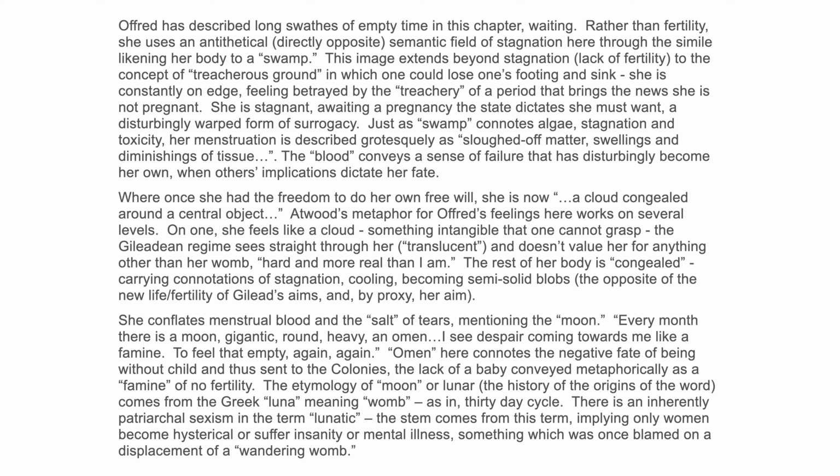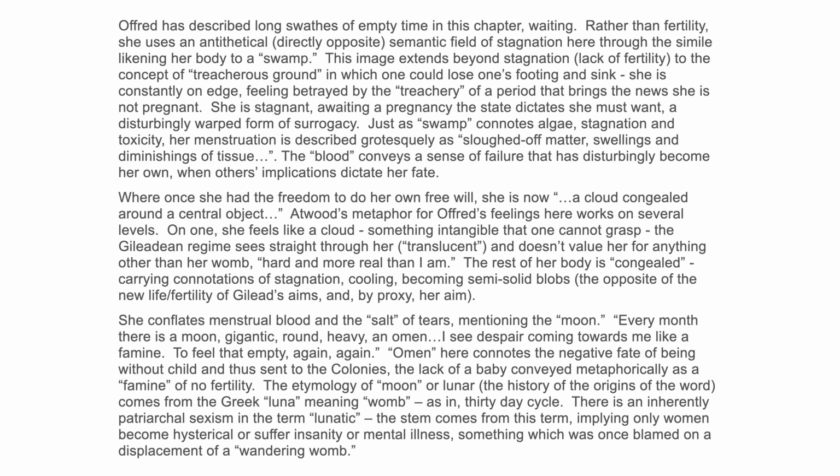Offred has described long swathes of empty time in this chapter, simply, merely waiting. Rather than fertility, she uses an antithetical, directly opposite semantic field of stagnation here through the simile of likening her body to a swamp, or at least her womb to a swamp. This image extends beyond stagnation, connoting lack of fertility, to the concept of treacherous ground in which one could lose one's footing and sink.